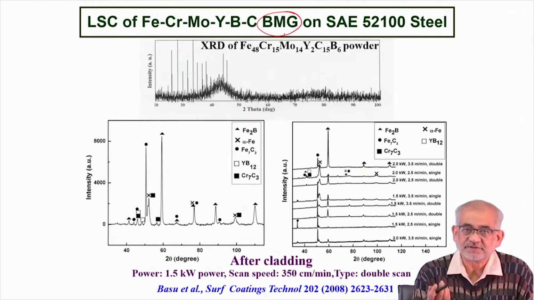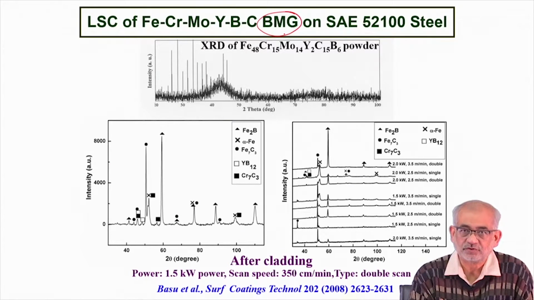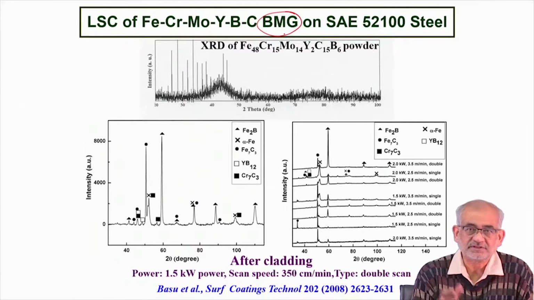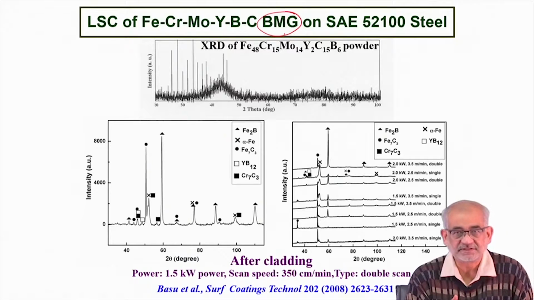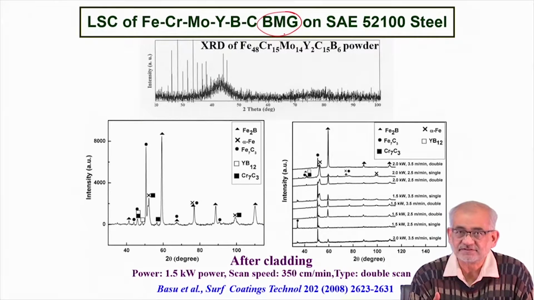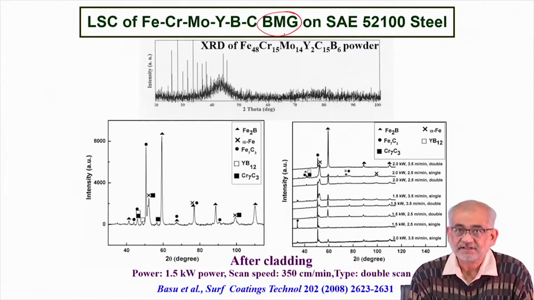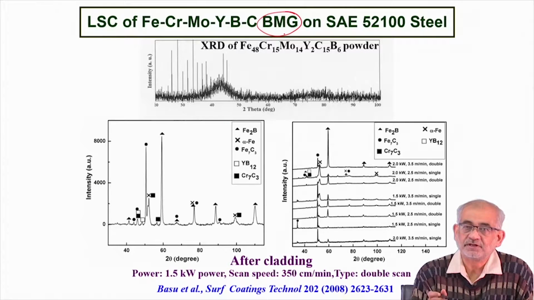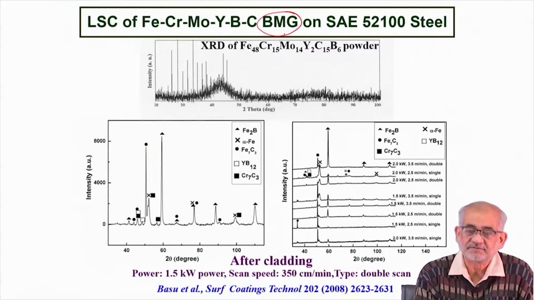So typically what you experience when you cast a molten metal into a metal mold is a few tens of degrees per second, up to about a few hundred degrees per second of quenching rate. Even in that, if we are able to retain a liquid-like structure which is amorphous, then we call it a bulk metallic glass. So essentially the critical cooling rate that we need to employ for these alloys is relatively slow, and yet we are able to retain the amorphous structure just like in the molten state.